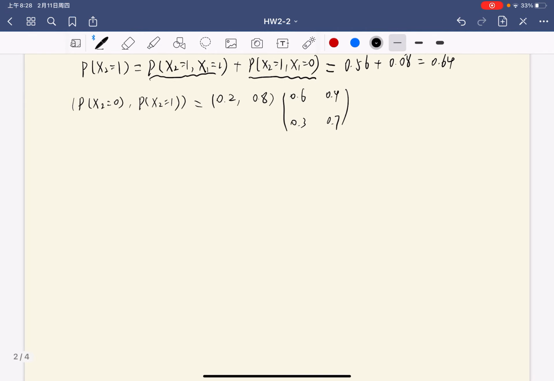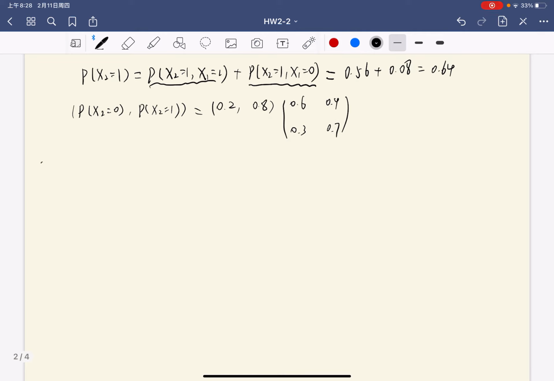In question B, we want to know the probability of P(x3 = 1), which can also be calculated by Bayes, so it equals P(x3 = 1, x2 = 1) plus P(x3 = 1 and x2 = 0).